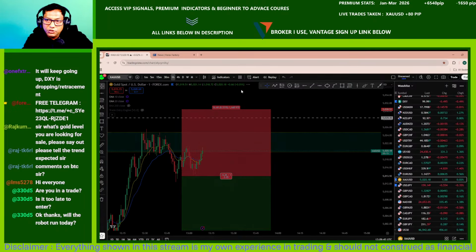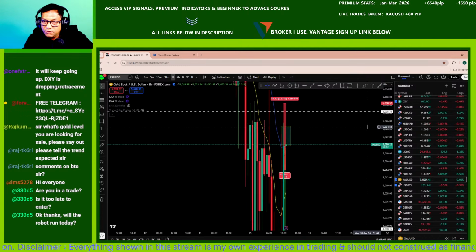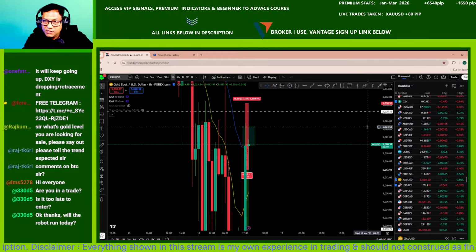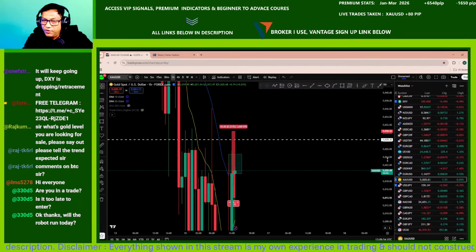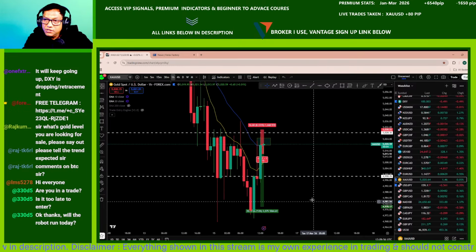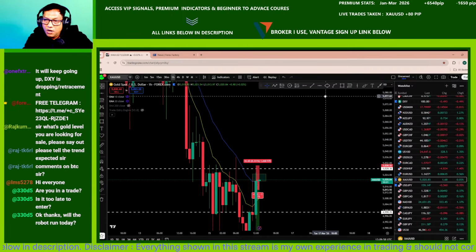It will be interesting to see if this 1 hour candlestick pattern breaks above. If it reverses from this, it might go up a lot.